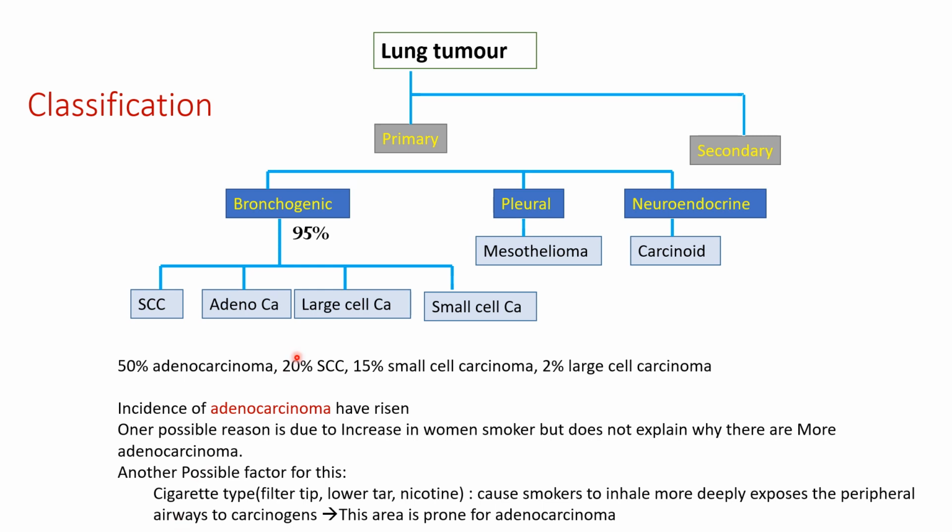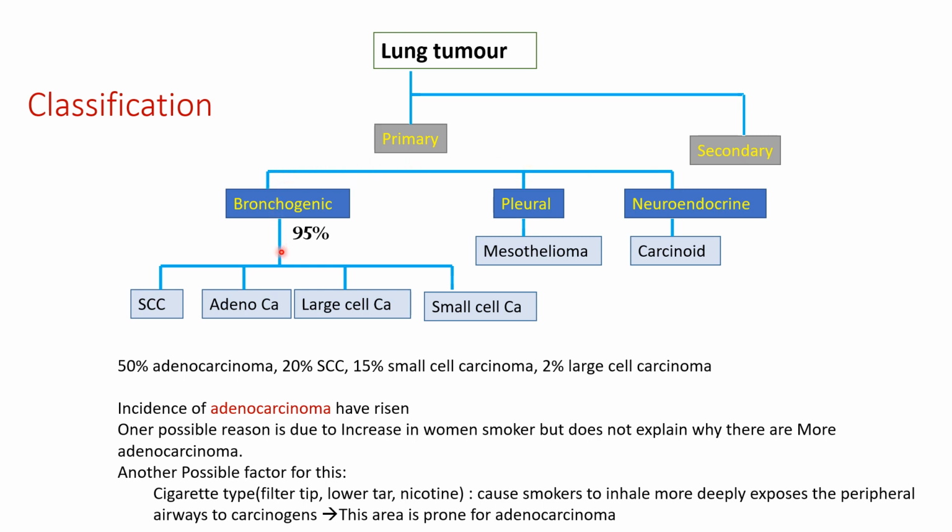As we've seen before, lung tumors are divided into primary and secondary. And under primary, we classify them into bronchogenic, pleural, and neuroendocrine.